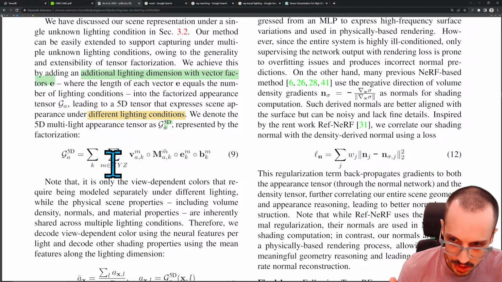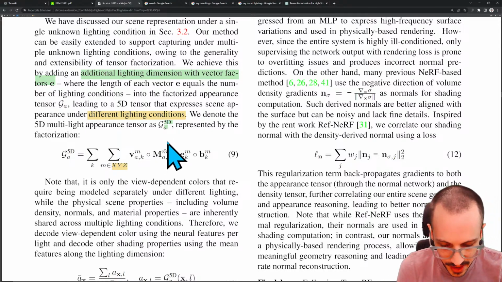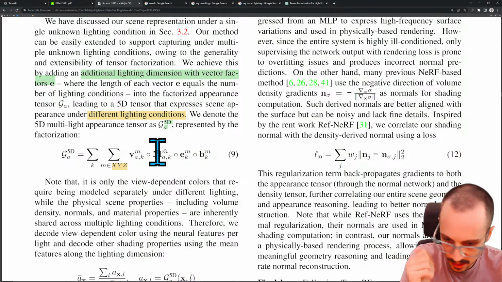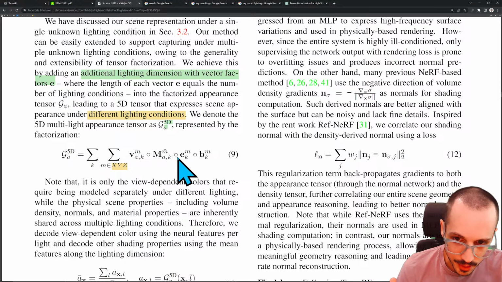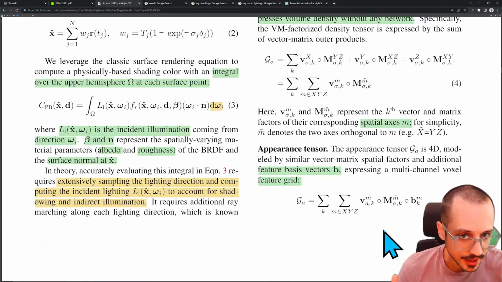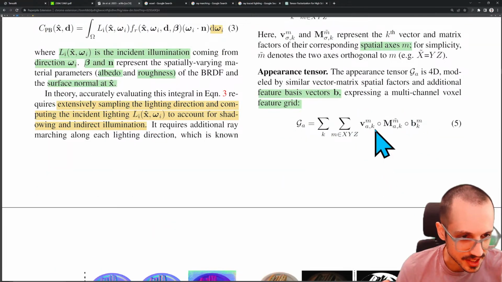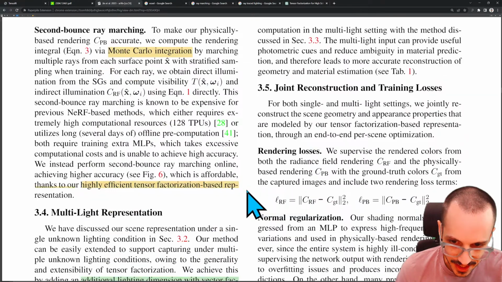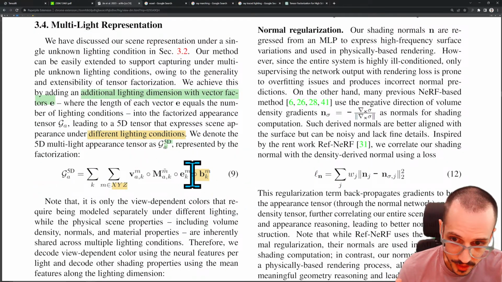It's still a summation over X, Y, Z, which are the 3 dimensions of the 3D volume of space. But now they have this additional term here. Previously, if we scroll up, they have V, M, and B, the outer product of these 3 things. And now by adding that extra dimension, you have the outer product of these 4 things. So you actually have this EK term here now.